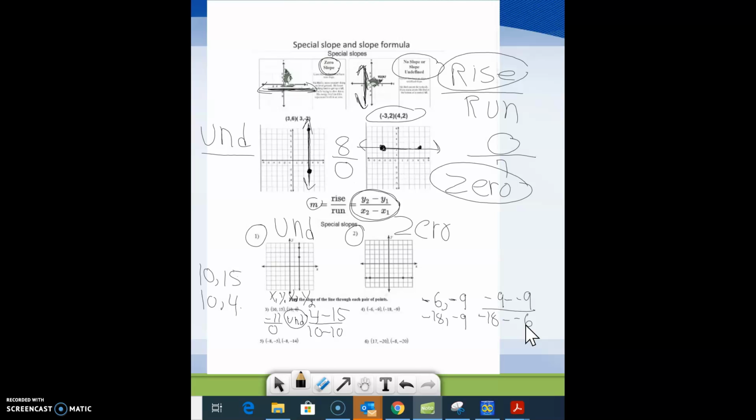Remember, what do you call it? Keep, change, change. So it's negative 9 plus 9. Keep, change, change. So negative 9 plus a positive 9 is 0. And then the denominator would be negative 18 plus, keep, change, change. So, what do we got? Negative 12, right? Now, again, if you go back to what we said a moment ago, if 0's on the top, number 4 is going to be a 0 slope.